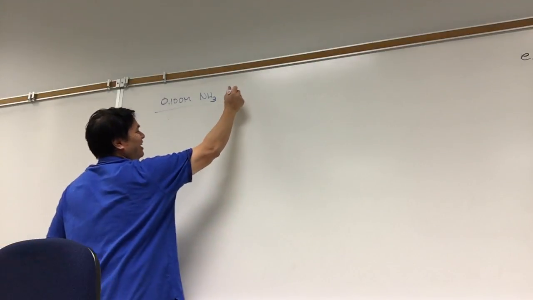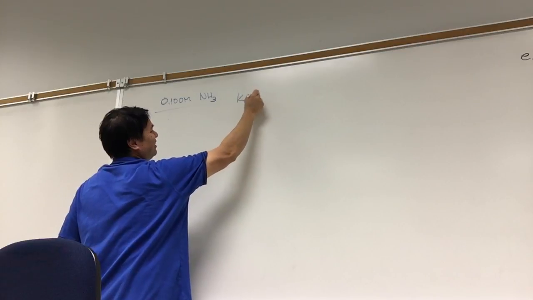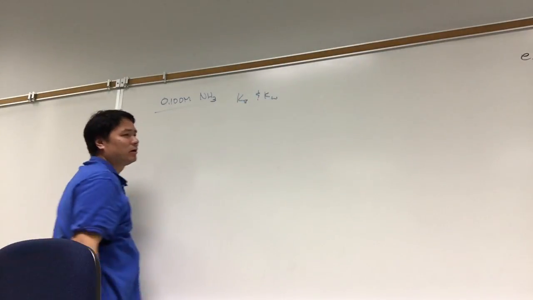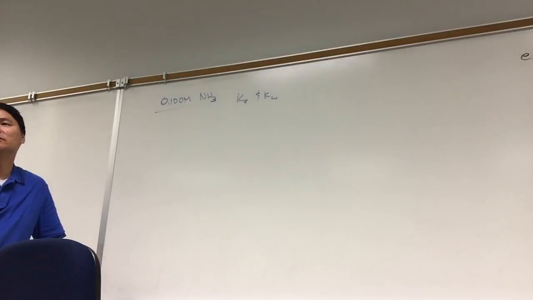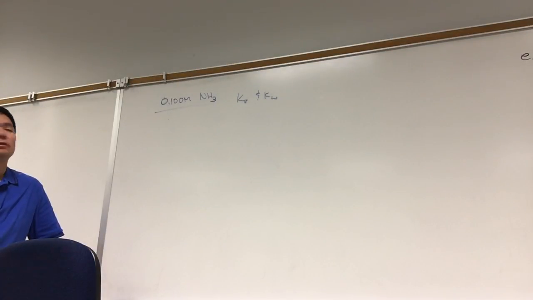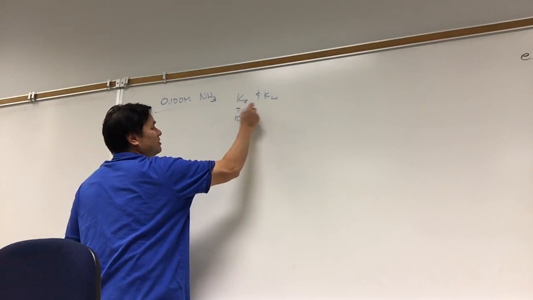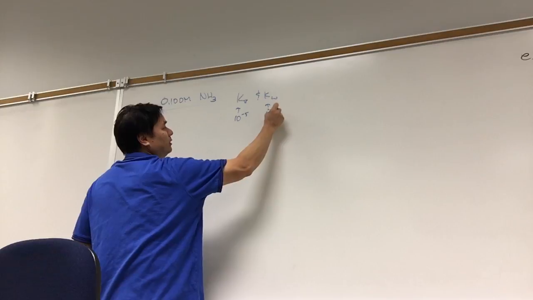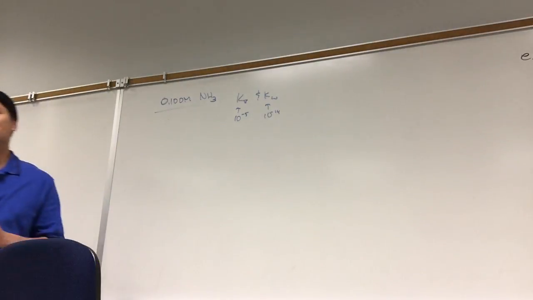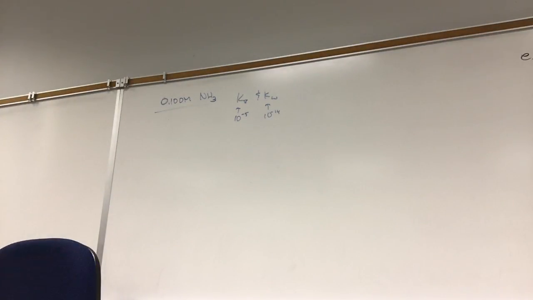We have Kb and Kw. Which one's going to be the greater hydroxide ion contributor to this solution? Well, we look at the magnitude of the K. This is 10 to the -5, this is 10 to the -14. We're going to do this stepwise, and the greatest contributor to hydroxide would be Kb.